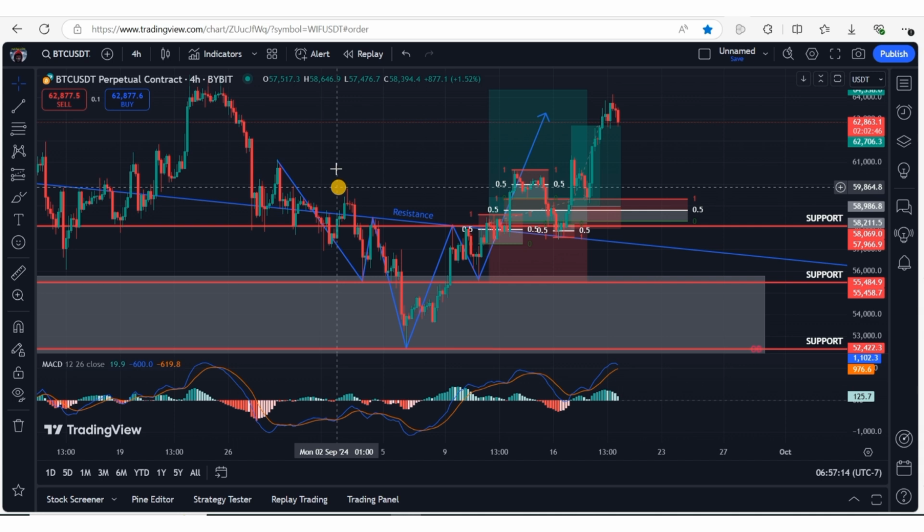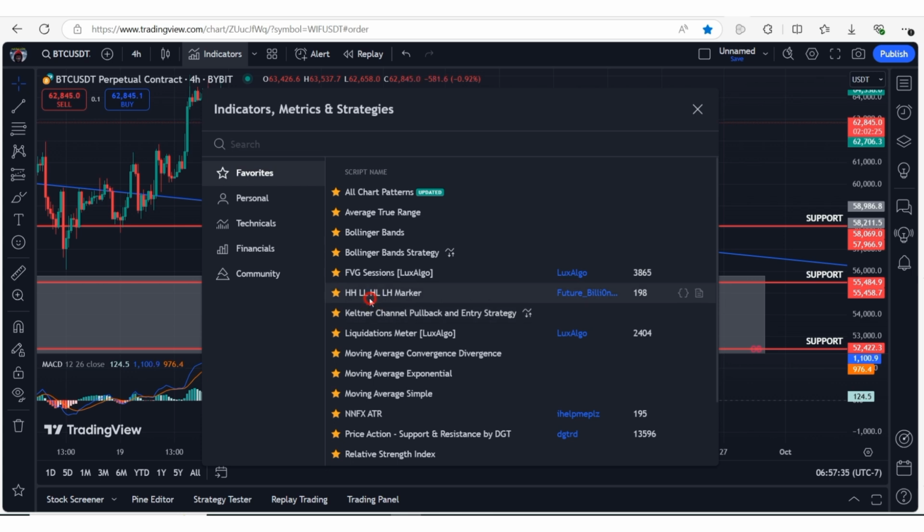So according to the 4 hour time frame, on Wednesday, the 11th of September, we saw this pattern. Before we were able to discover this pattern, we used an indicator, our higher high, lower low, higher low, and lower high indicator.